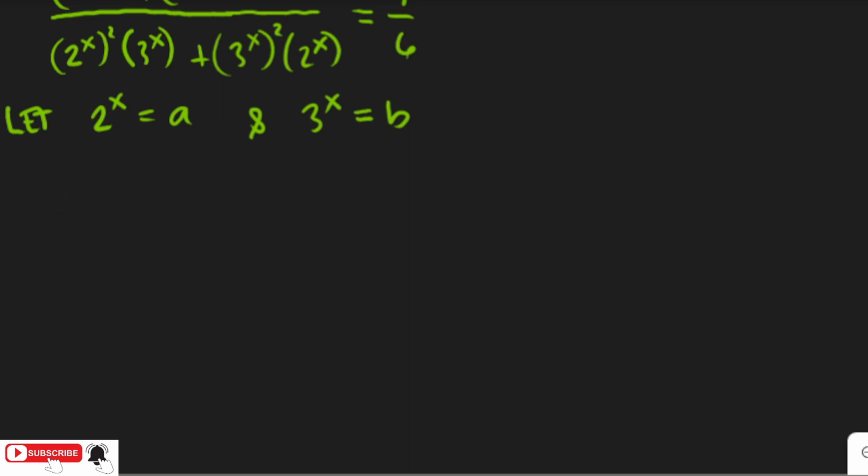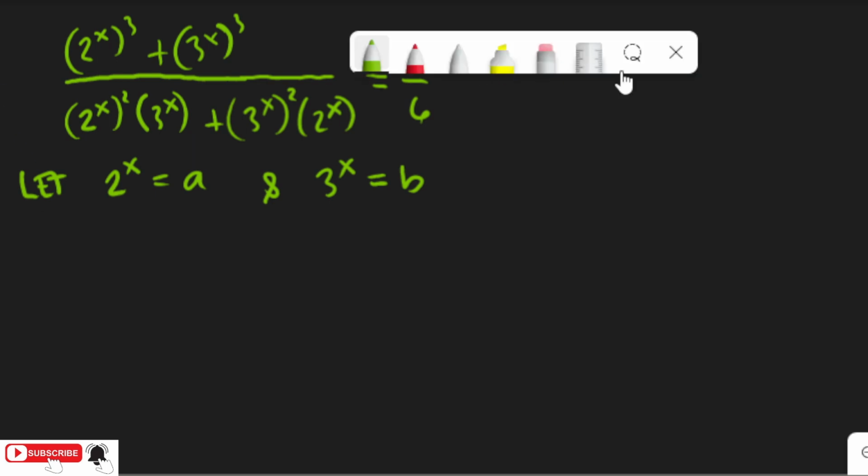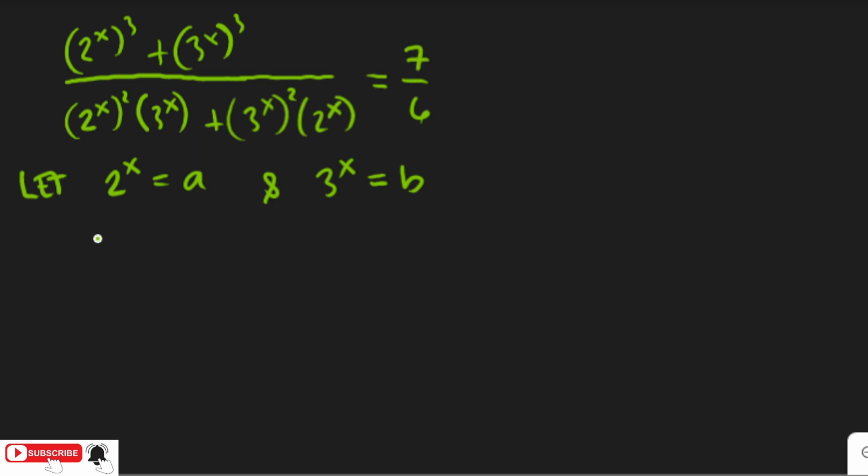Our equation becomes a cubed, because (2^x)^3 is a cubed, plus b cubed, because 3^x equals b, divided by a squared times b, plus b squared times a, all equal to 7/6.